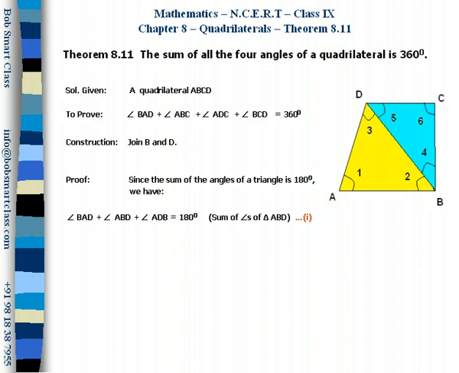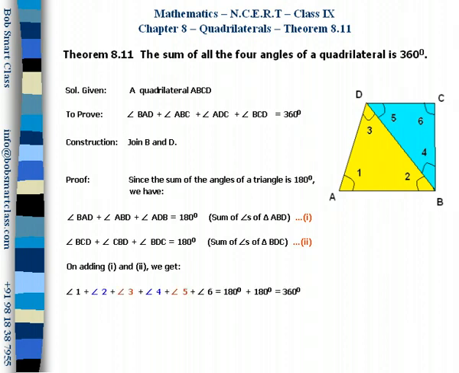Next, angle BCD plus angle CBD plus angle BDC equals 180 degrees, or in other words, angle 4 plus angle 5 plus angle 6 is equal to 180 degrees in triangle BDC. On adding the above two statements, we get angle 1 plus angle 2 plus angle 3 plus angle 4 plus angle 5 plus angle 6 equals 360 degrees.